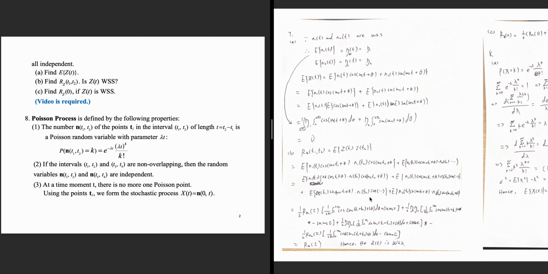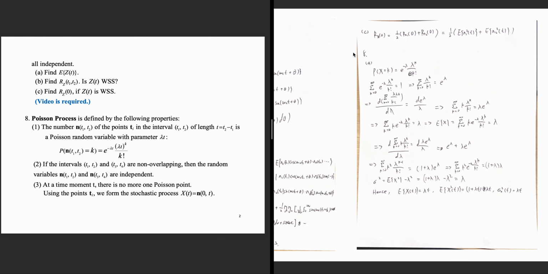We can calculate them as the integral like this. We add the 4 parts and get the final result is RZ like this. So the final result has proved that Z(t) is WSS.